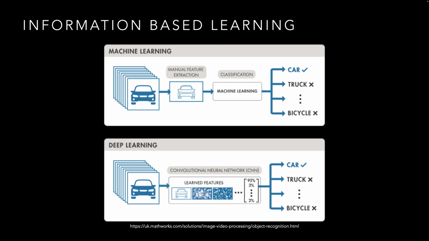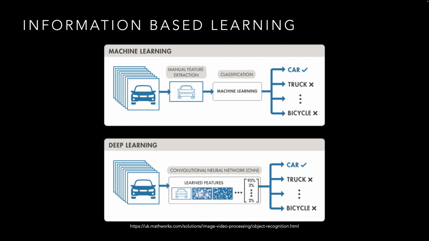For a machine learning approach, it could be something like linear regression, where features for a given object are extracted and put through a classifier, and if that set of features matches the current object, then it will output that specific label. Whereas a deep learning model could be a neural network model, or in this example a convolutional neural network, a CNN, which learns features from that set of objects rather than manually giving the extraction.